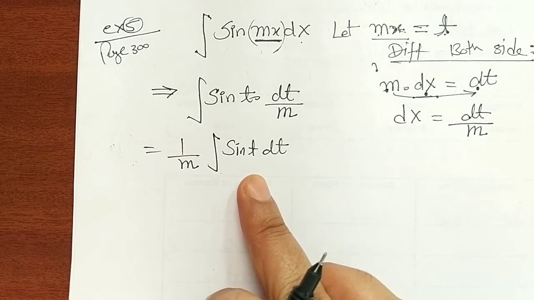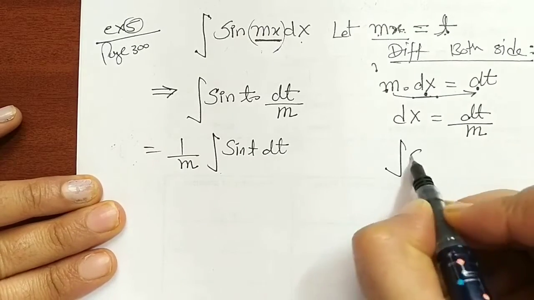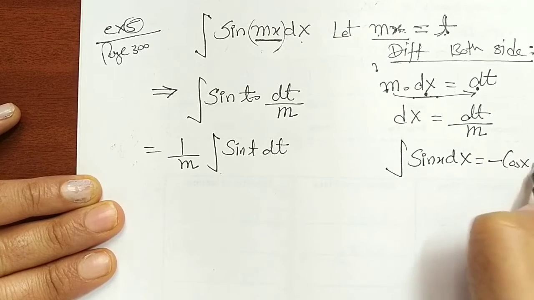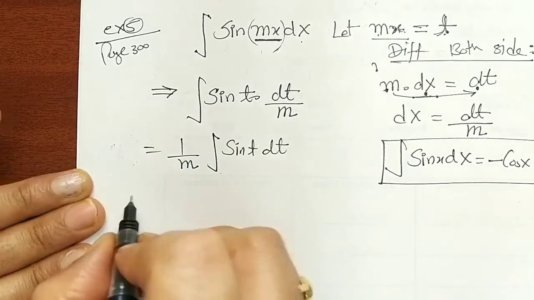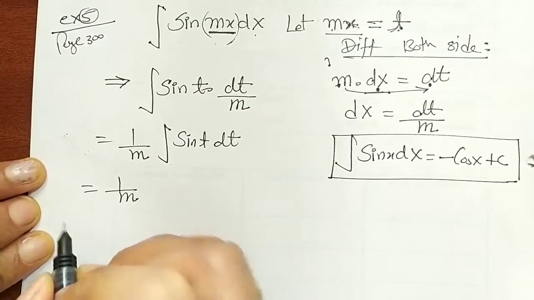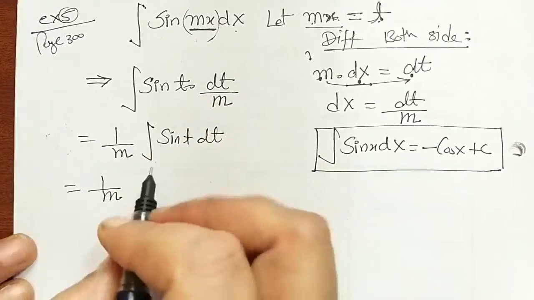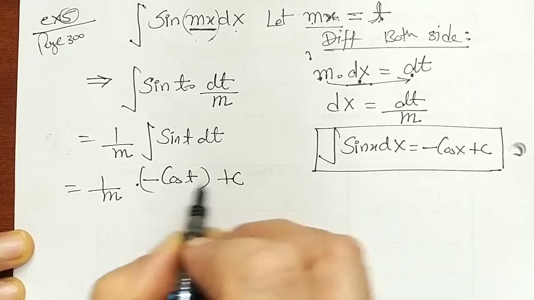This is variable t and integration with respect to dt. So let me write down the formula: sin x dx is minus cos x plus c. Using this formula, my answer will be 1 by m into minus cos t plus c.